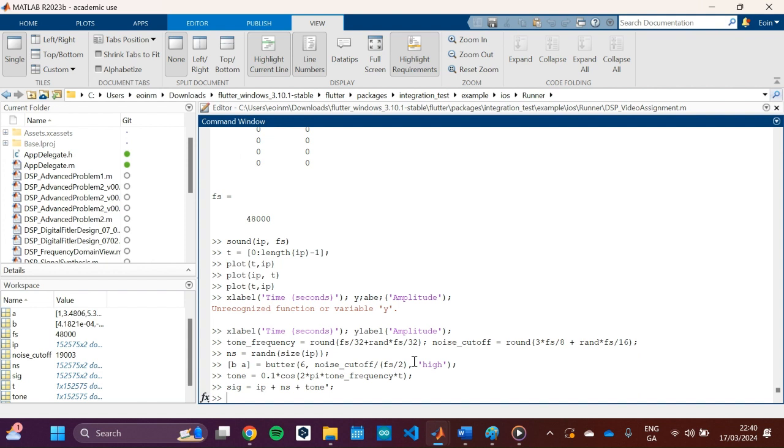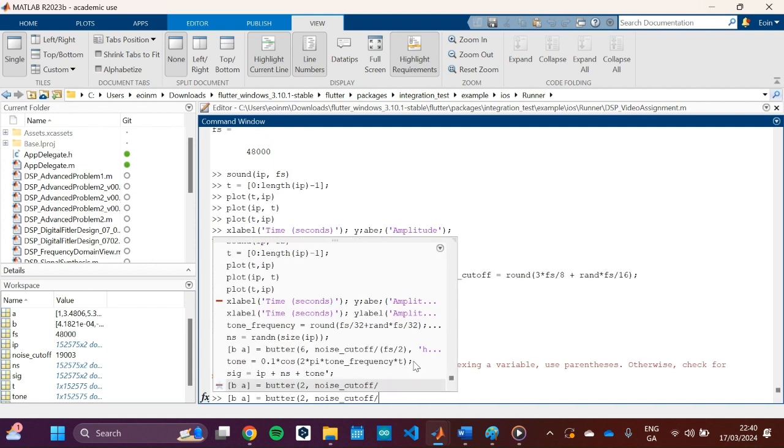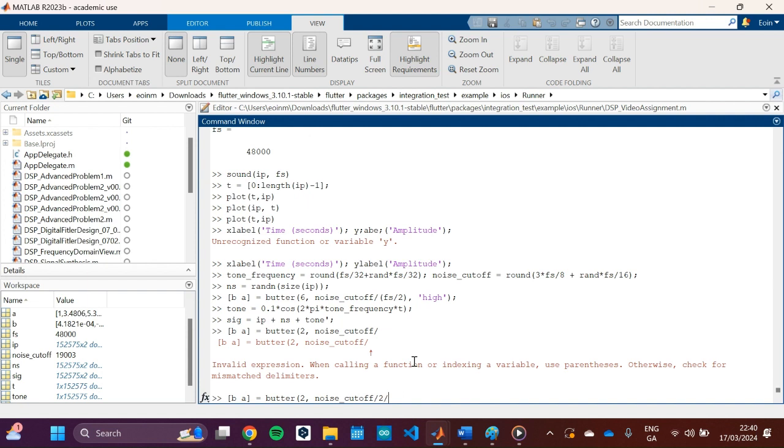So to do that, I'll do B and A again, another function, second order, noise_cutoff over 2 over FS over 2. And okay, that's about enough.